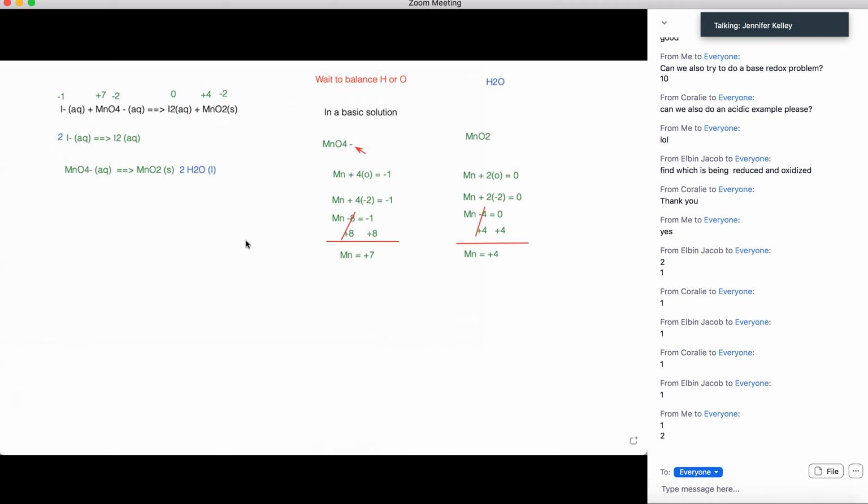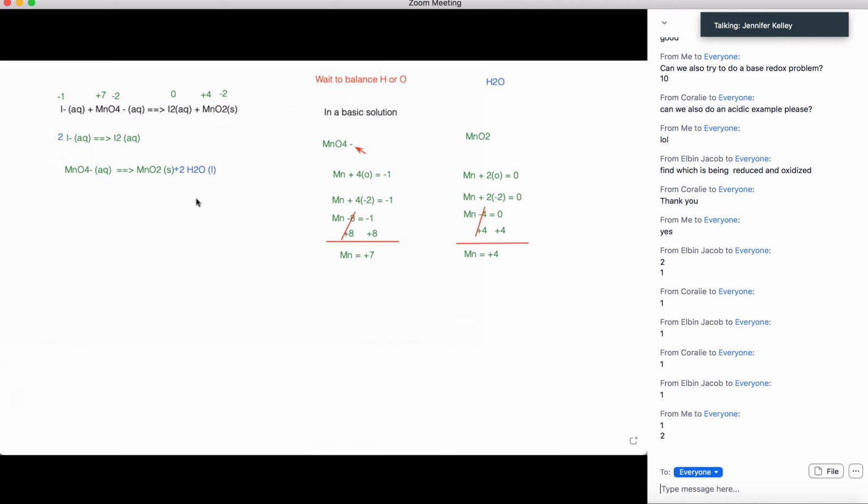We're just describing what is in the solution when it's a base. We're not adding things to it here. All right, I need to put a plus sign. That would be nice. Okay. So now I see that the oxygen is balanced.